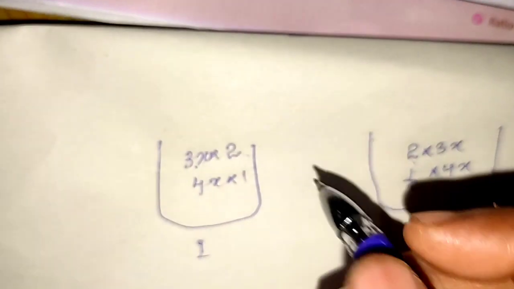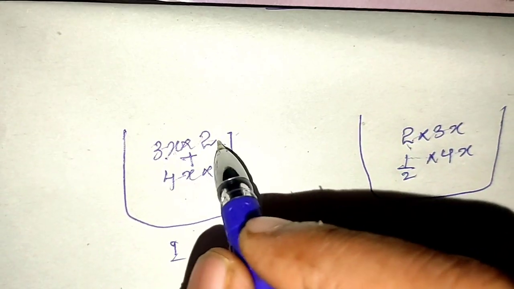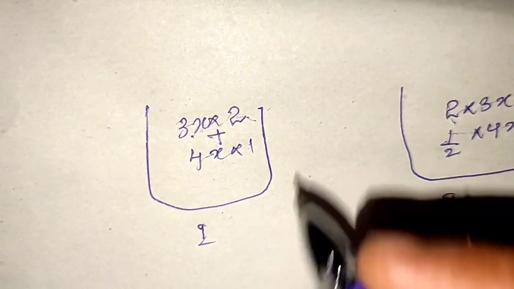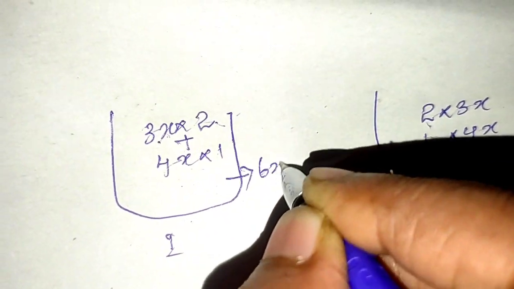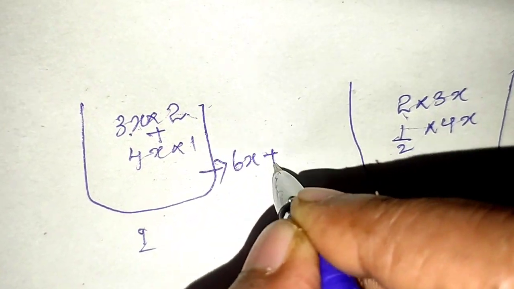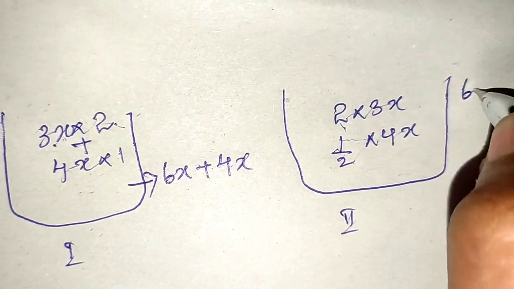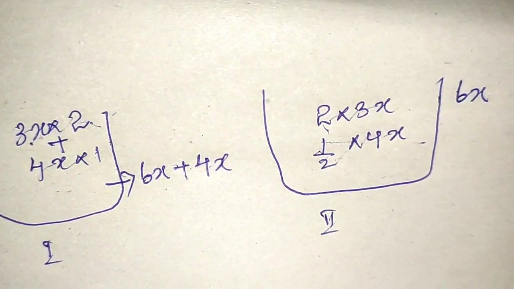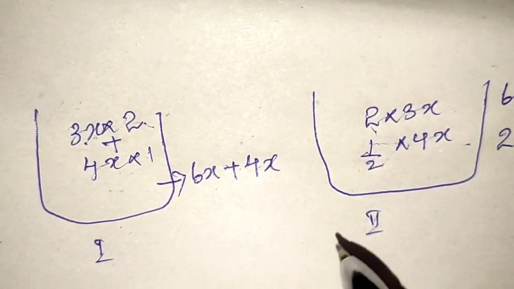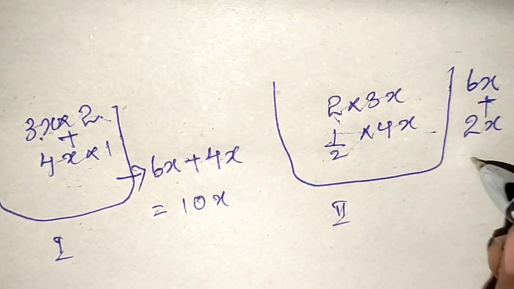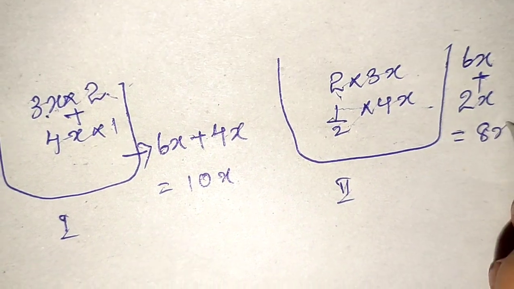Now we need to find out the ratio of quantities of water in these two vessels. 3x into 2 is 6x, and plus 4x. And here 2 into 3x is 6x, and half into 4x is equal to 2x. So in the first vessel 10x liters, and in the second vessel 8x liters.